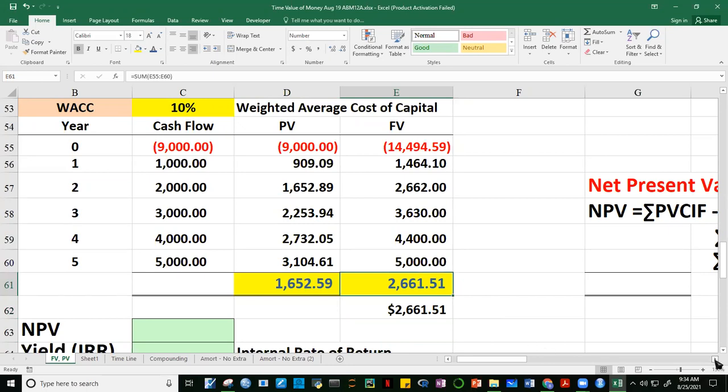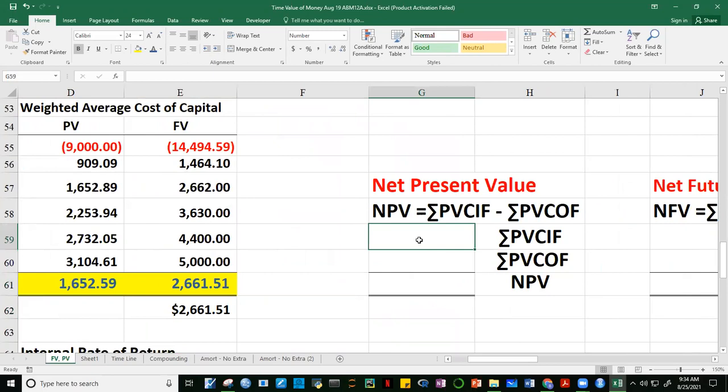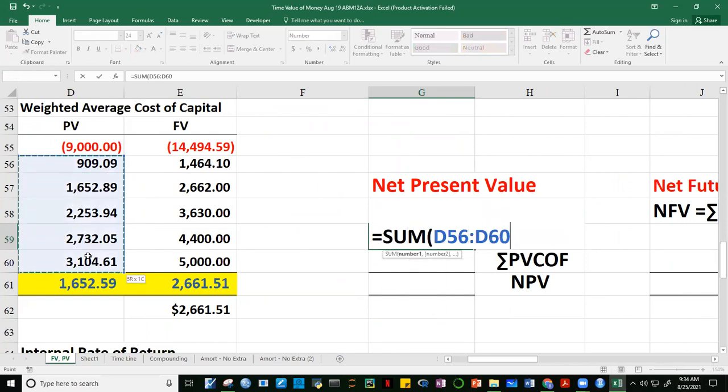Okay, just to summarize it. The net present value is defined as the summation of the present value of your cash inflows minus the present value of your cash outflows. In this case, let's sum them up. Ito yung cash inflows natin.